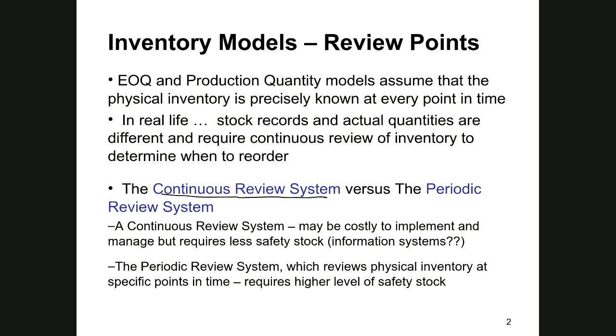And then in the next video, we'll consider the periodic review inventory system. So in this video, we're going to look at the continuous review system, where we do have information systems in place, and even though the demand is variable, we'll know at any point in time what inventory is on hand. And so here's what this looks like.